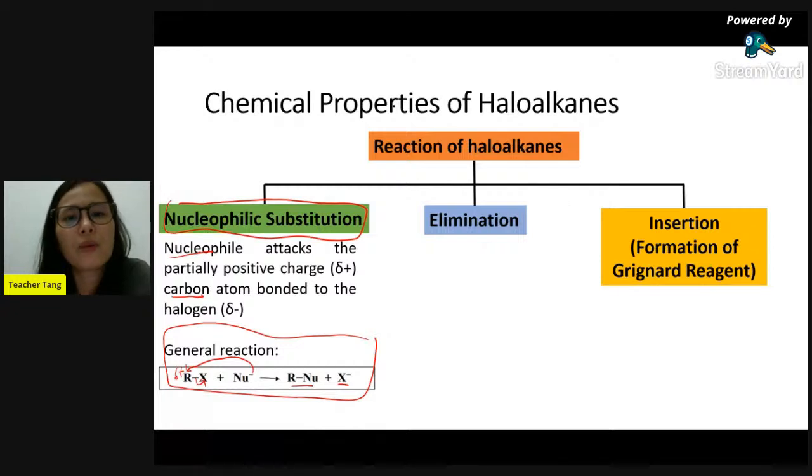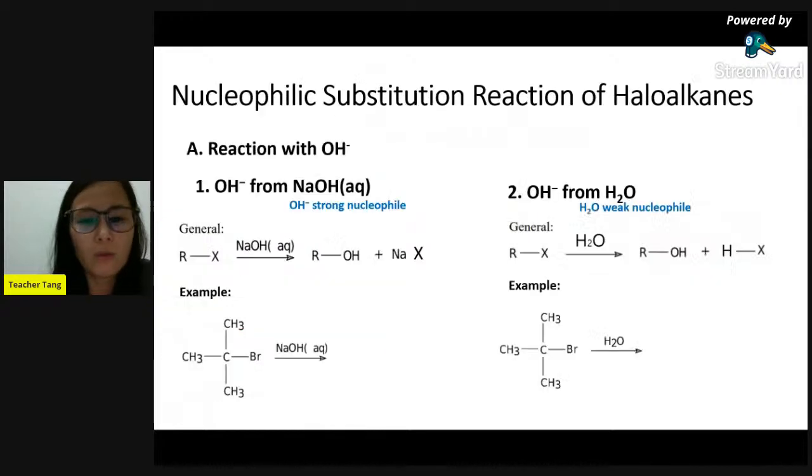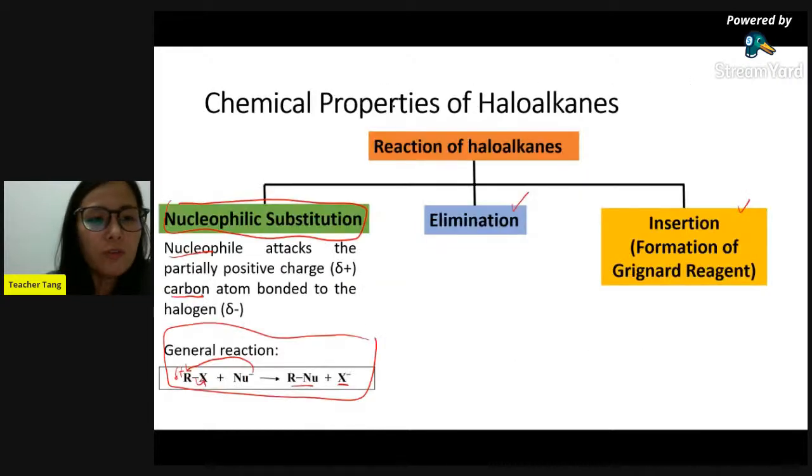Another 2 reactions haloalkane can undergo are elimination, which you have seen in the alkene chapters, and another one is insertion. Two classes have seen this. For 146 and 234, don't worry, we're going to look at this tomorrow. So tonight we just focus on nucleophilic substitution reactions.